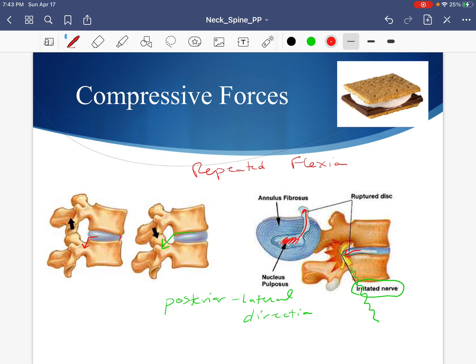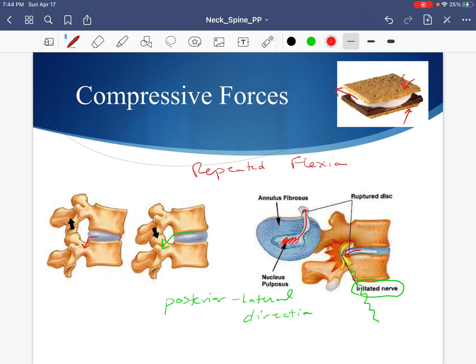When you keep bending forward, this is where I like the s'more analogy. Think about putting pressure on the front of the graham crackers. If I push the front ends together, where is that marshmallow gonna bulge out?